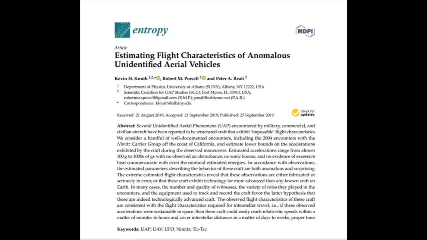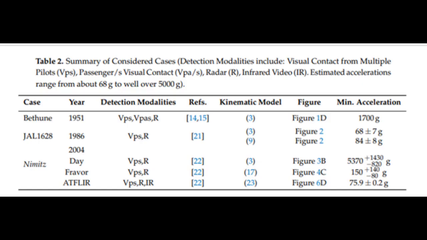And they have a very extensive formal calculation that they review to determine that the Tic Tac UFO performed between 75 Gs and 5,370 Gs. So as far as we know, no human craft is capable of withstanding this G-force.